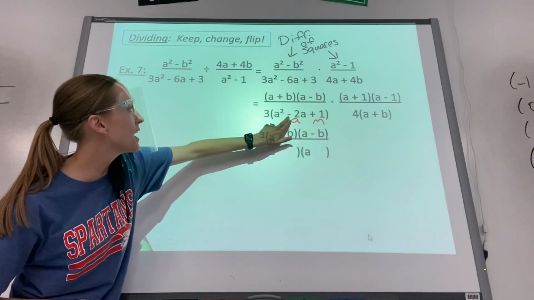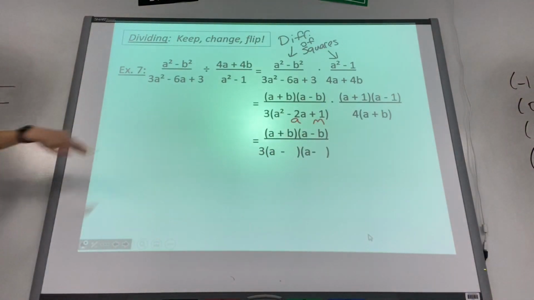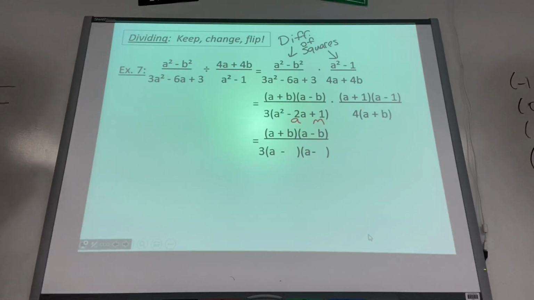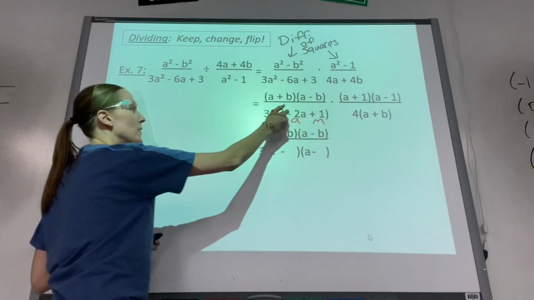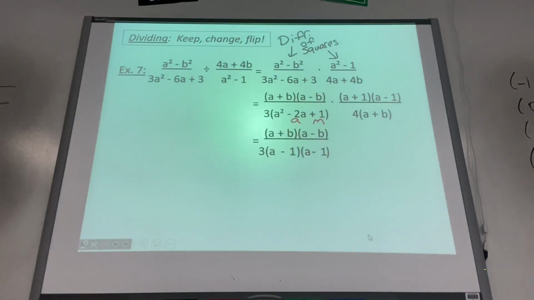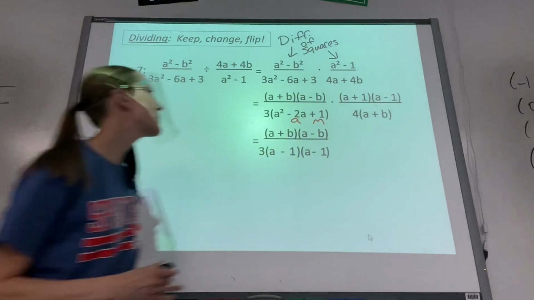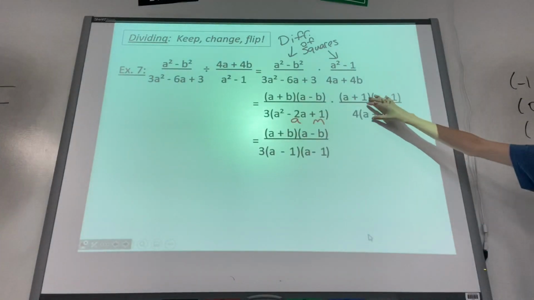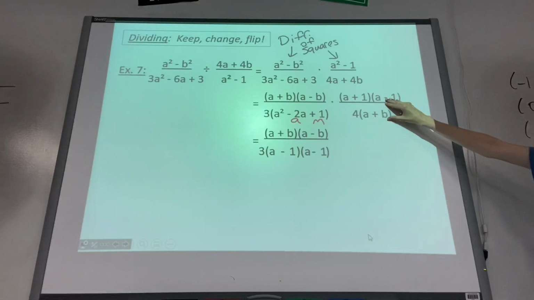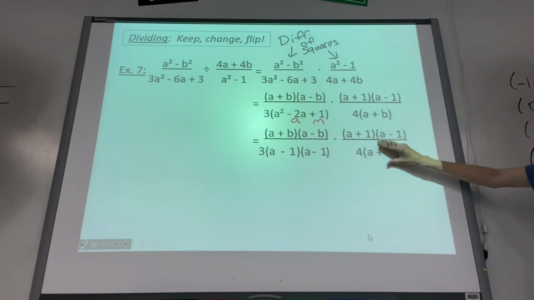Both signs are going to be negative, and 2 negative numbers that multiply to 1 and add to negative 2, that would be a negative 1 and a negative 1. Okay, at this point, I've already factored everything I can in the second fraction, so I'm just recopying that so I can see it all together.